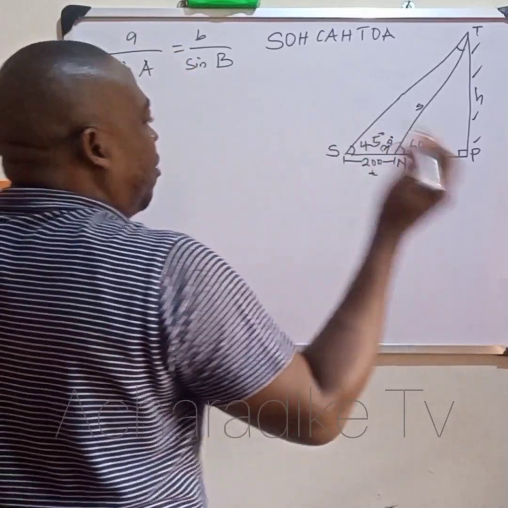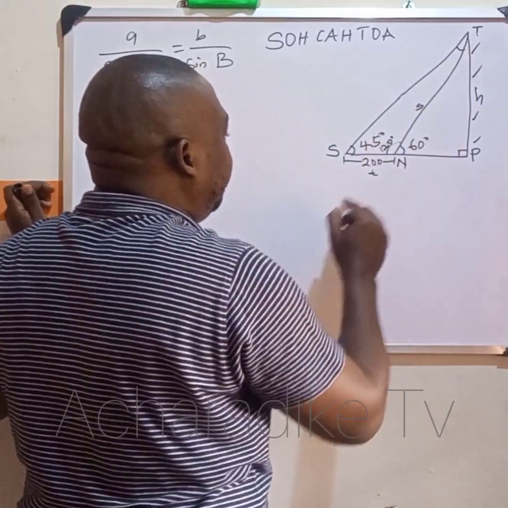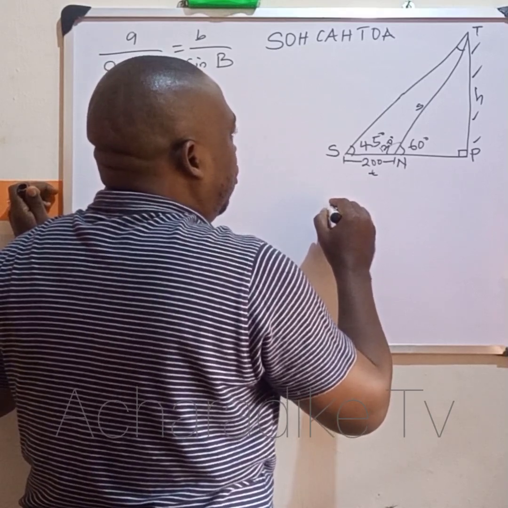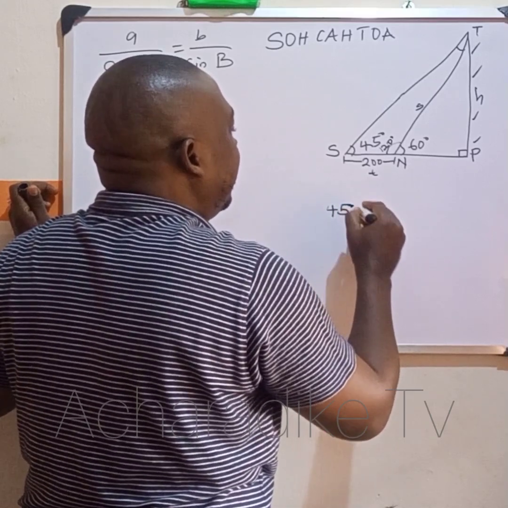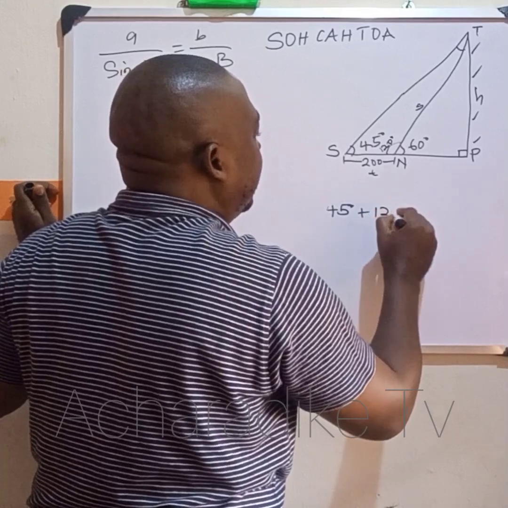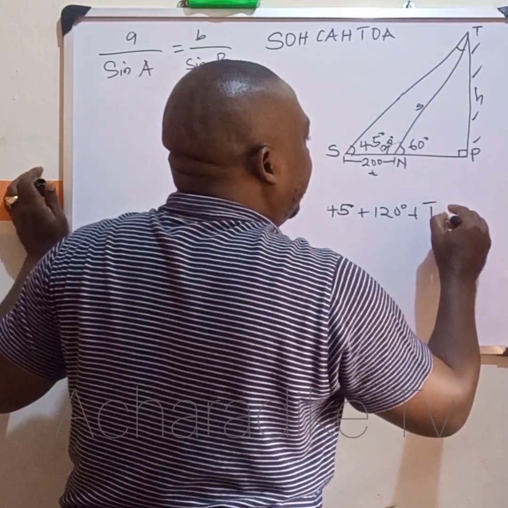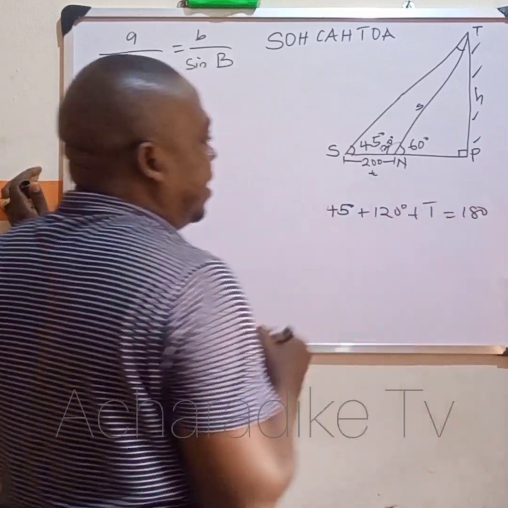That is why we are interested in knowing this side. If the sum of angles in a triangle is 180, it means that 45 degrees plus 120 degrees plus this t is equal to 180.